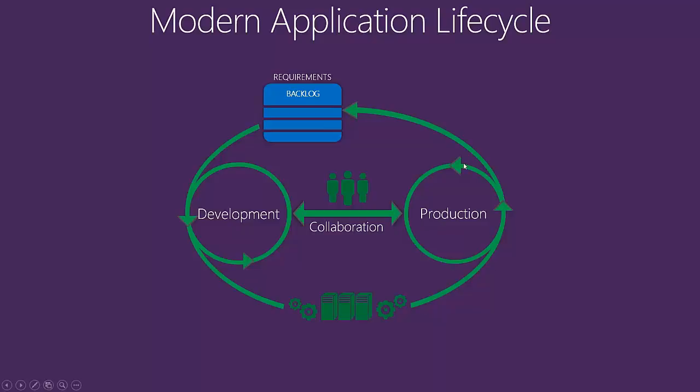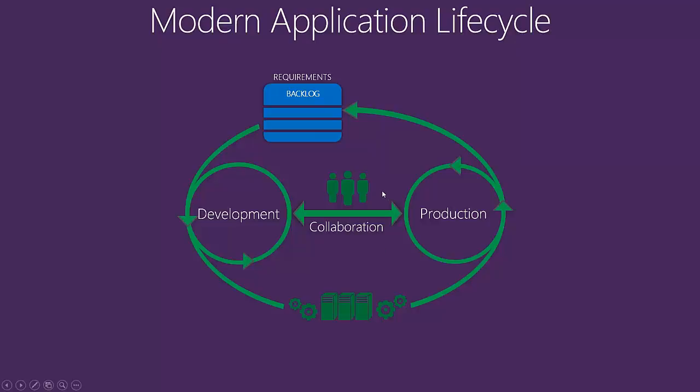Then there is this production cycle going on. There's something in production all the time, and the needs of the product, the needs of the users and such will feed new requirements into the backlog, into our agile, nice backlog that we can then use to cycle into development, and this nice cycle continues.